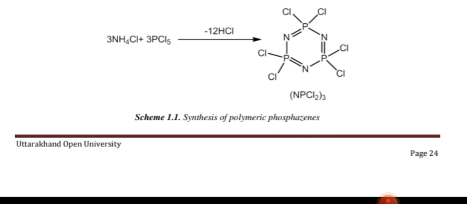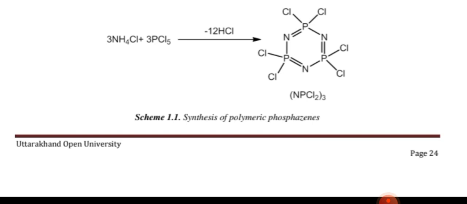Then 3 moles of ammonium chloride react with 3 moles of phosphorus pentachloride; 12 HCl is released and (NPCl2)3 is formed, which is a phosphazene.